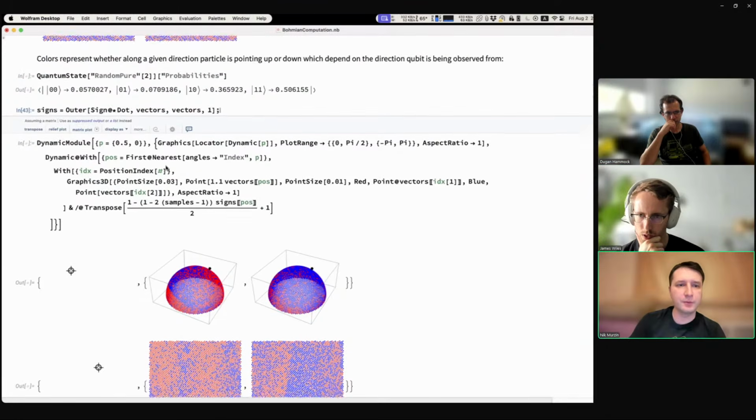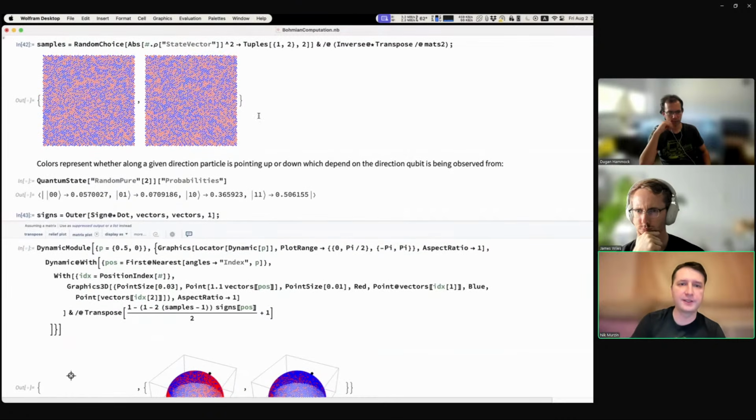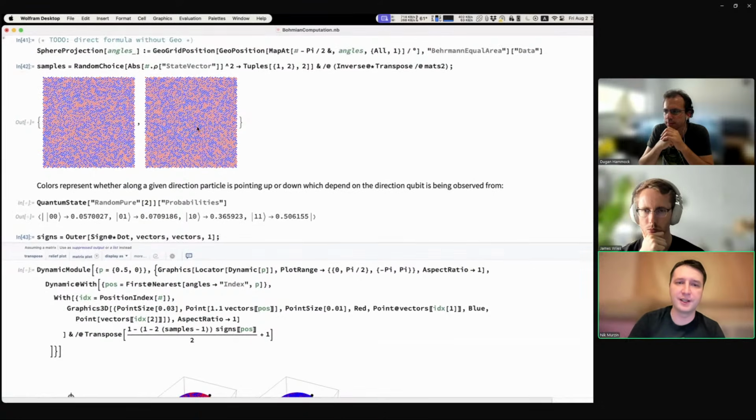Well, maybe it will help if you understand how those values are being sampled. You can also think of it as a microstate of the macrostate, because the qubit state itself is described by a density matrix, right? You can think of it as a macrostate in the usual statistical physics terminology, but this is a microstate.